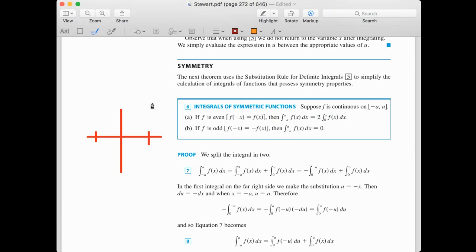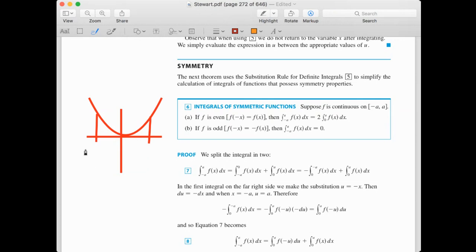Imagine an odd function, let's say x cubed. Now think about an even function, x squared. What happens to the area? x squared is an even function.